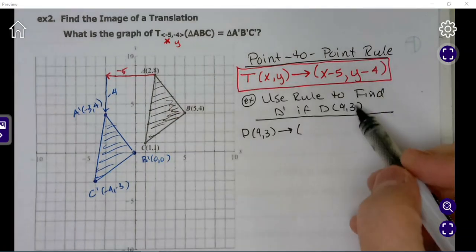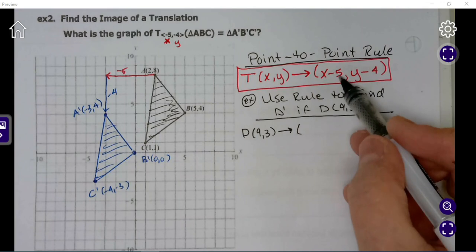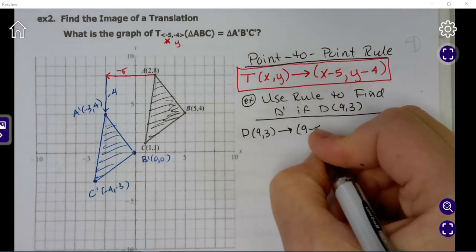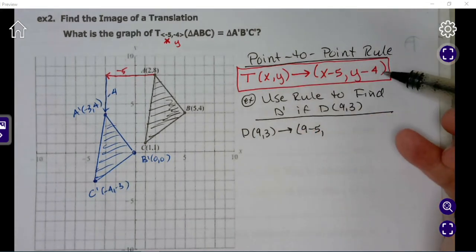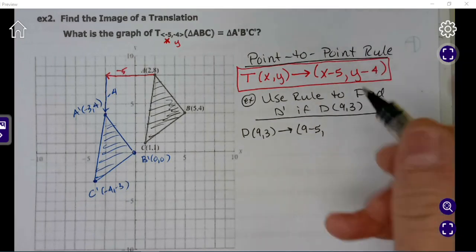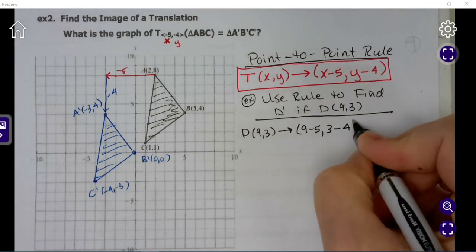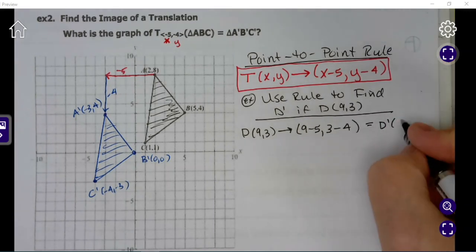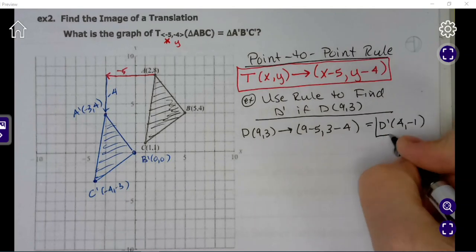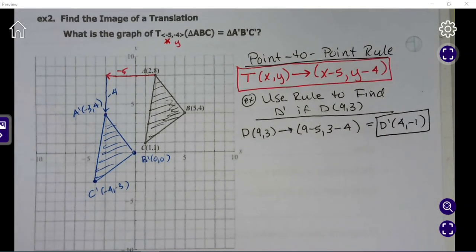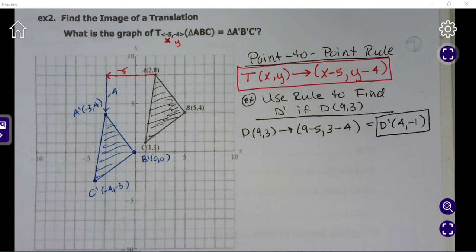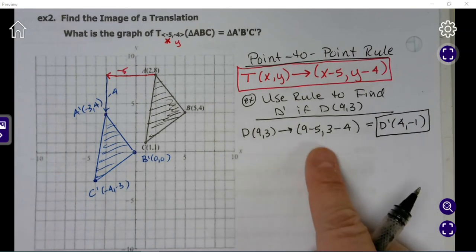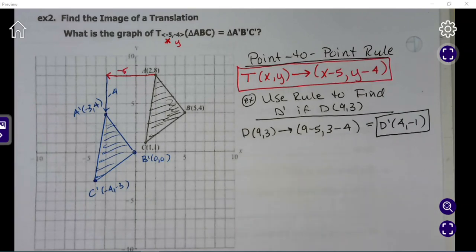So using the rule, I'm going to take the X term minus 5. So 9 minus 5. Using the rule, I'm going to take the Y term minus 4. So 3 minus 4. And the resulting point, which is D prime, is 4, -1. Any questions about how to use the rule?